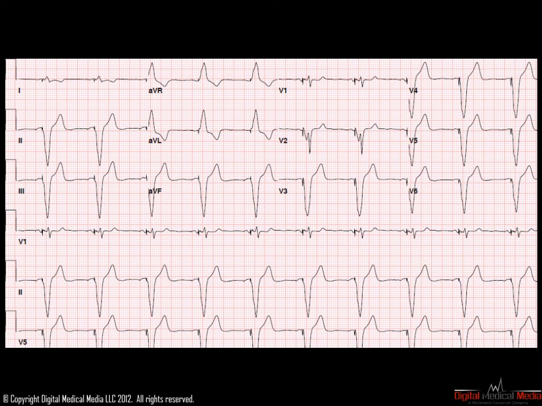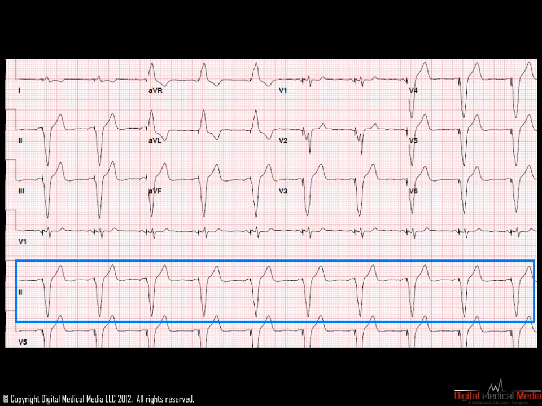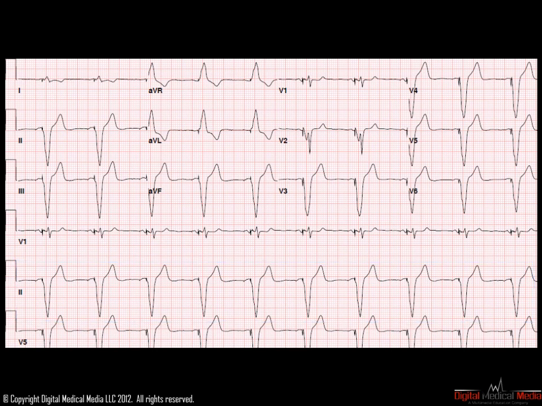On this 12-lead ECG, look carefully at lead 2 running across the rhythm strip at the bottom of the tracing. We can see that right before the P wave is a tiny electronic pulse. That is the electronic pacemaker delivering an impulse which causes the atrium to depolarize. Therefore, there is definitely at least one wire in this electronic pacemaker.